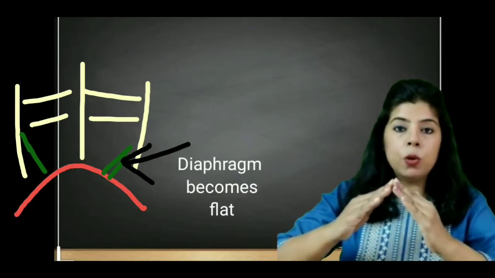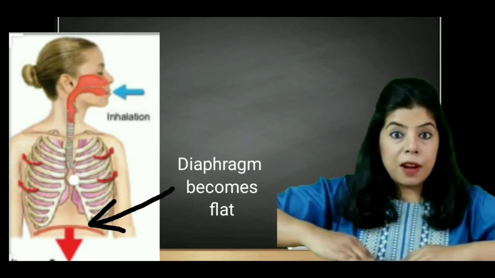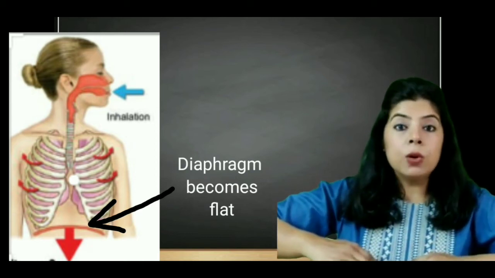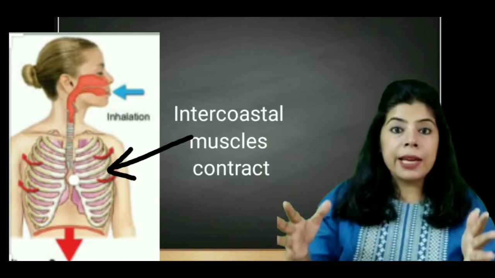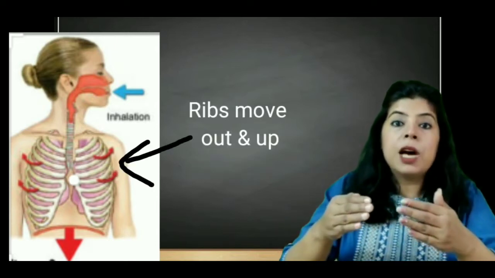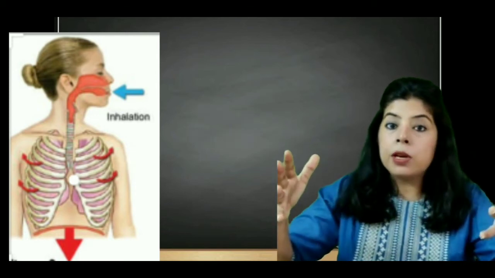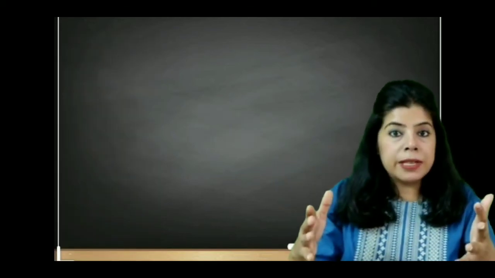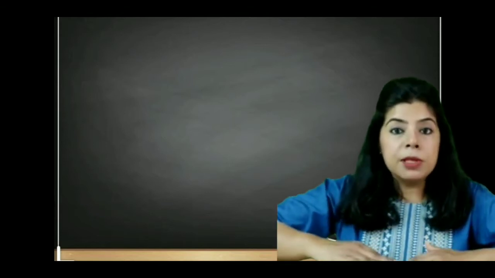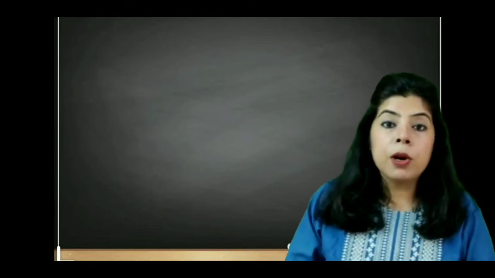The diaphragm, which is dome shaped, becomes flat. And when the intercostal muscles contract, that is they expand, then the ribs move out and up. So the ribs are moving out and up because of the contraction of the intercostal muscles, and the diaphragm becomes flat because of the contraction of the radial muscles. So what will happen because of this?